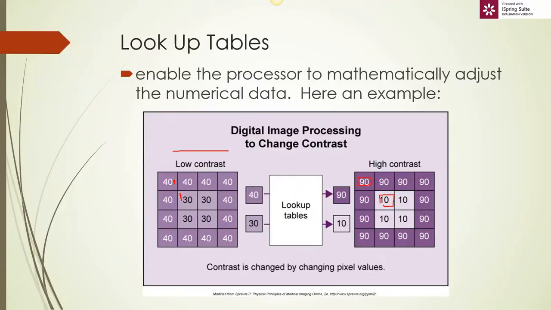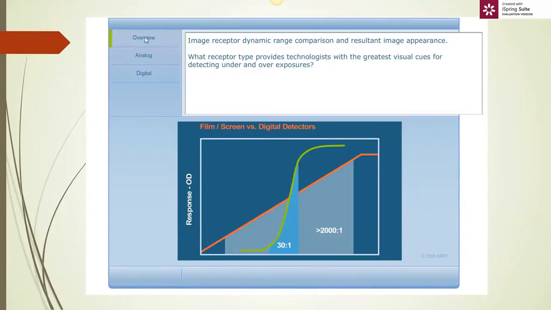Now, all of a sudden, mathematically, what we've done is we've grossly changed the difference between these. Now, instead of a low contrast image, we have a much higher contrast image. In essence, what we said is all 40s shall be raised to 90, all 30s shall be lowered to 10. You can do that. That's what these algorithms do.